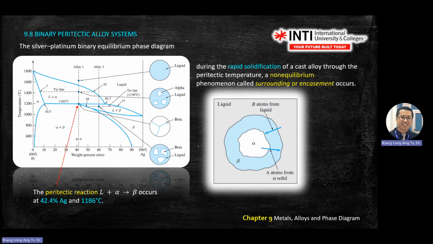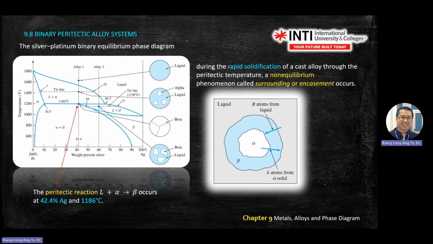One is from the liquid forming beta, and another is the alpha inside changing phase, alpha becoming beta. There are two directions: one from liquid changing to beta, and one from alpha changing to beta.